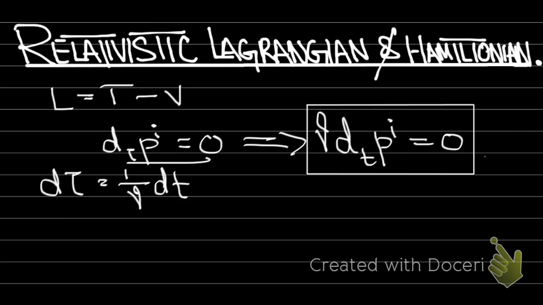So, number one, in classical mechanics, the time t is treated as a special coordinate, different from the spatial coordinates x, y, and z. However, we know that in relativity, space and time must be treated on an equal footing.